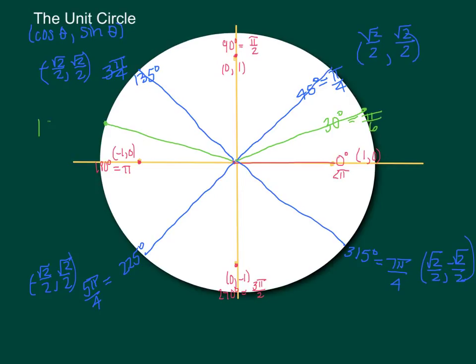This will be 150 degrees. And I reflect it here. This is 210. All of these have a reference angle of 30 degrees, and they are the closest to the x-axis. And in the fourth quadrant, this is 330.